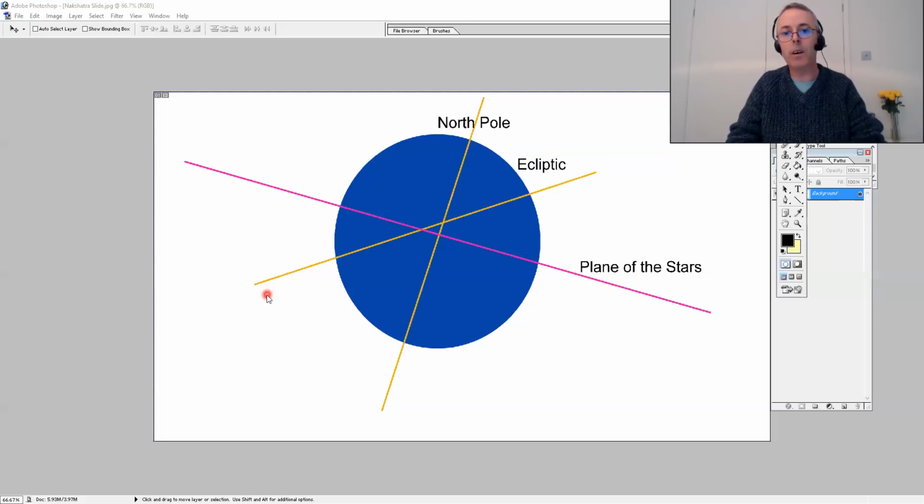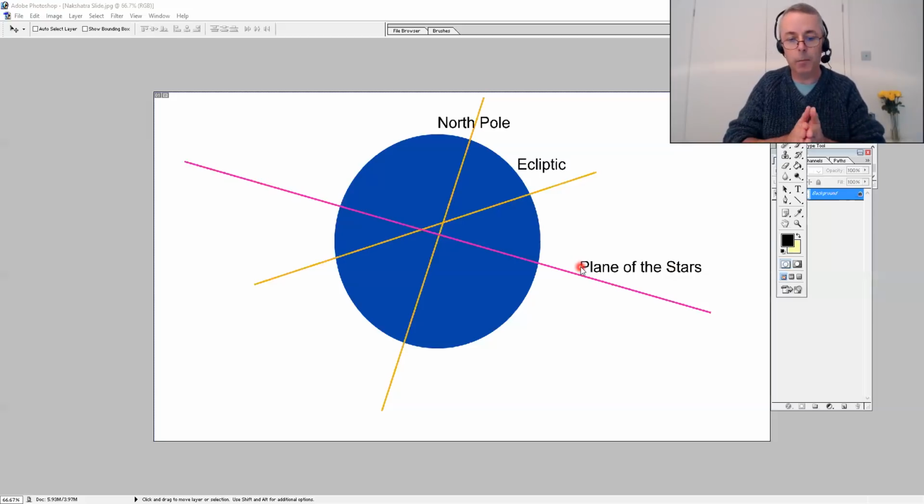Now, the fixed stars are obviously separate from this ecliptic, right? If you notice, from our perspective here on Earth, the sun appears to move south to north and then back to south again. Okay? Whereas from our perspective here on Earth, this is the plane of the stars, the fixed stars. So that plane of the fixed stars, for the most part, moves from our perspective on an east-west rotation.